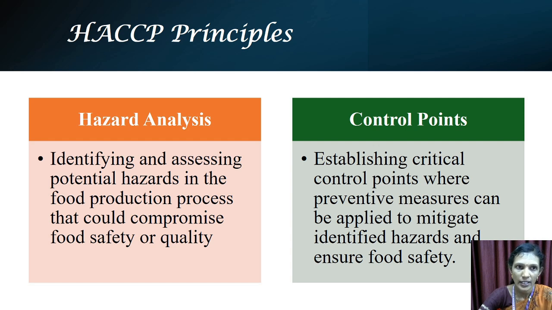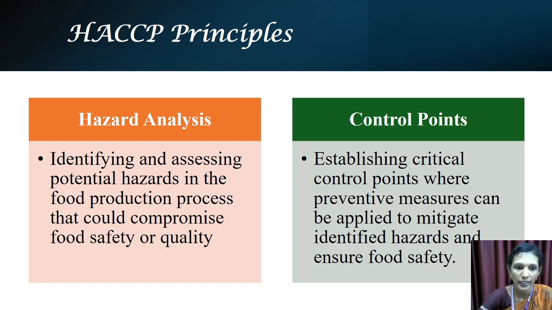HACCP. HACCP stands for Hazard Analysis and Critical Control Points. It is a systematic approach used in the food industry to identify, evaluate and control potential hazards that could affect the safety of food products.